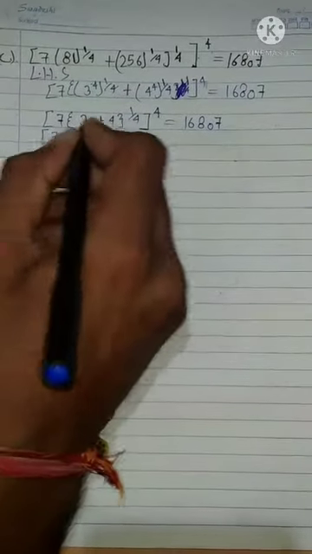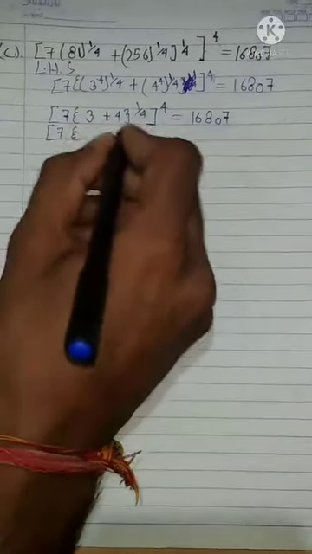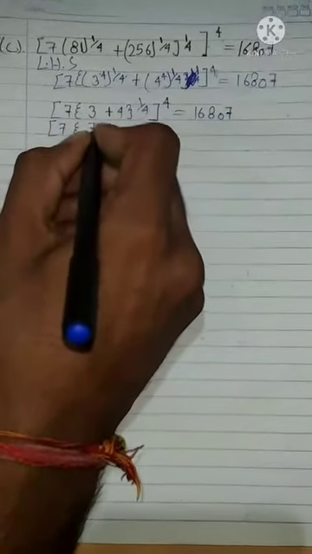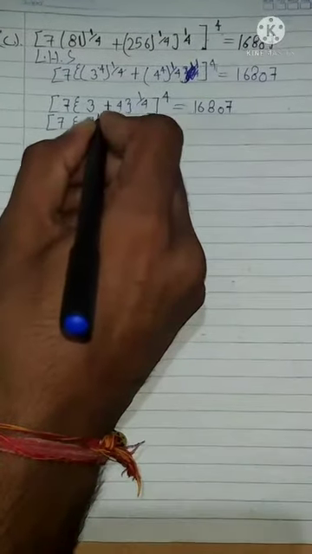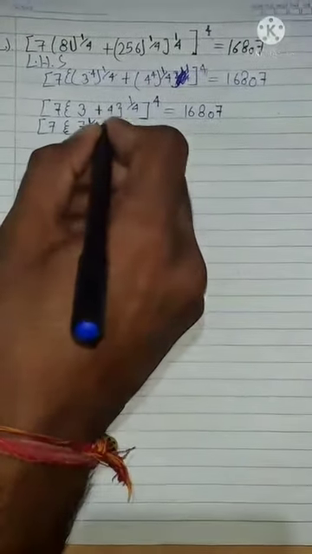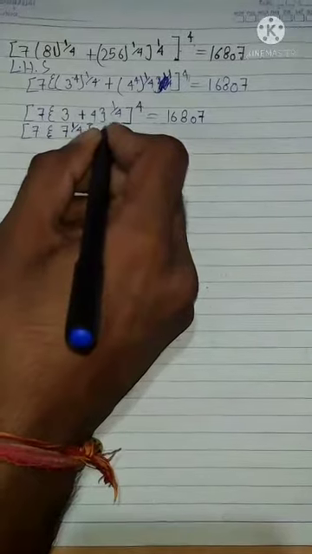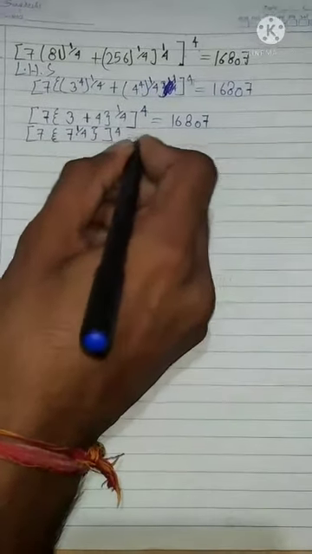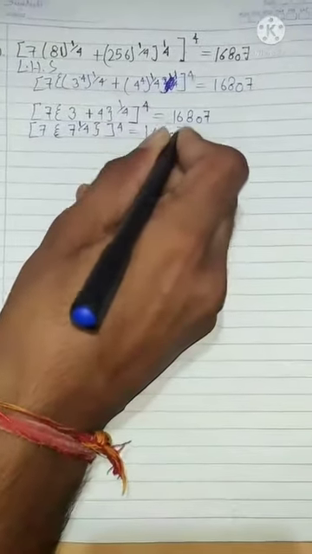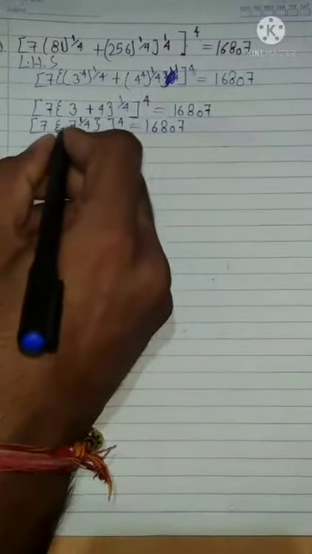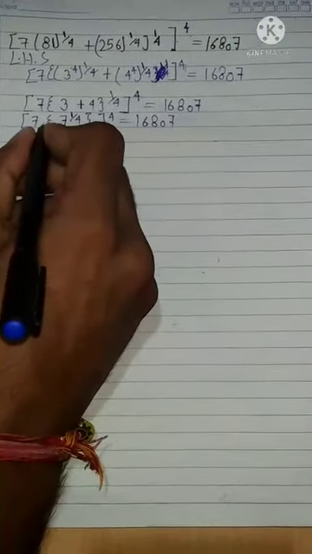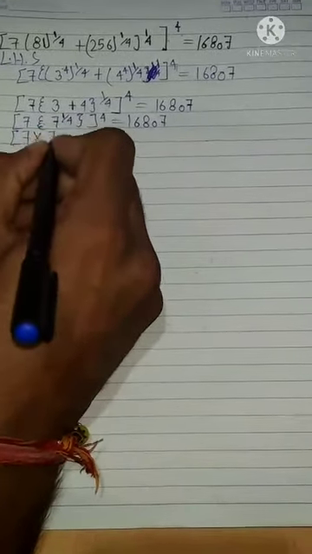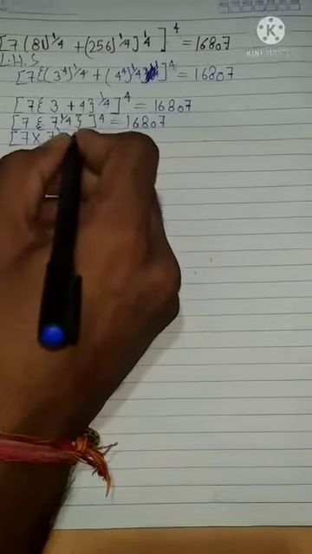Write 7, and when you add 3 plus 4 it comes 7, you can write 1 by 4 and whole to the power 4 equals 16,807. Break this bracket. When you break, no symbol is right, then multiply 7 to the power 1 by 4 whole to the power 4 equals 16,807.